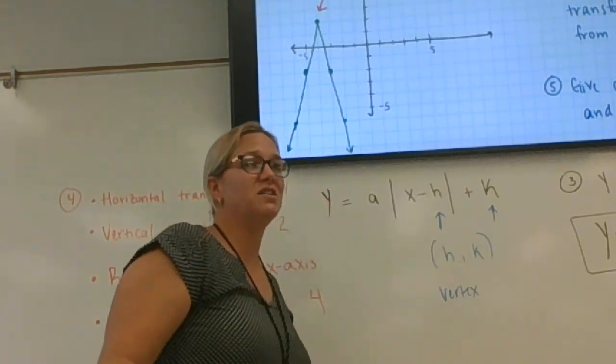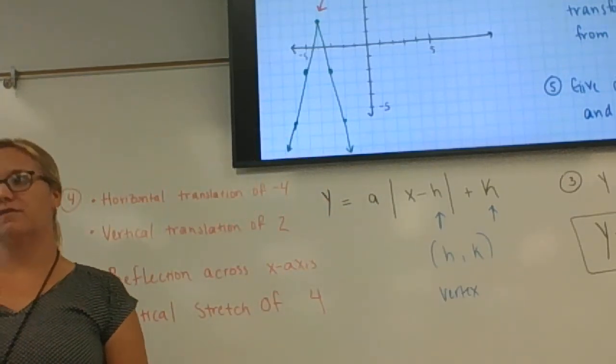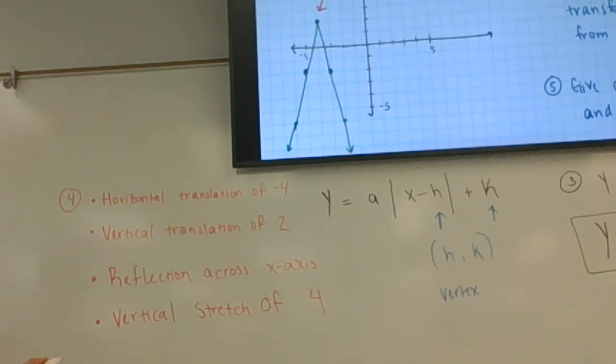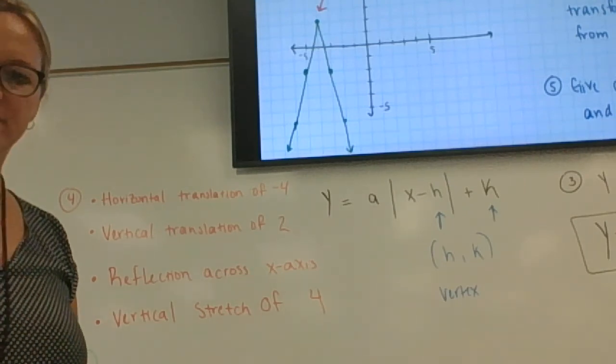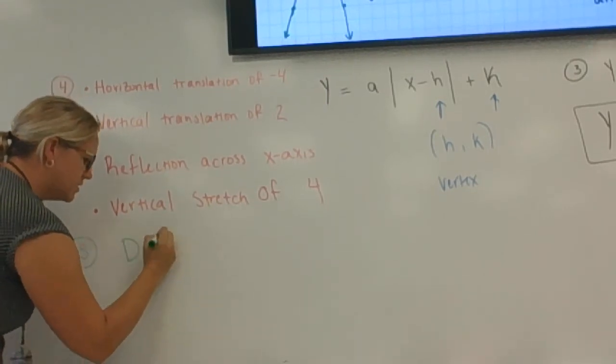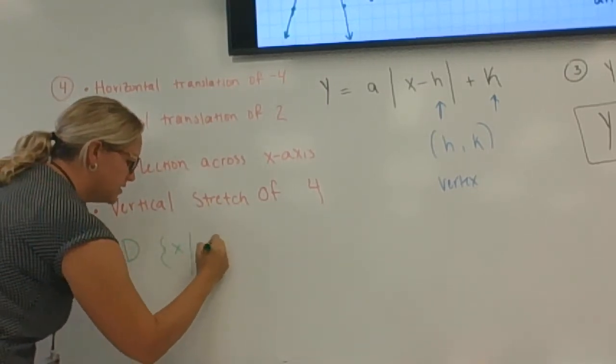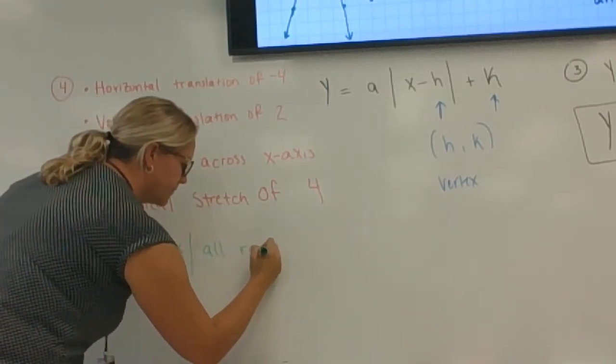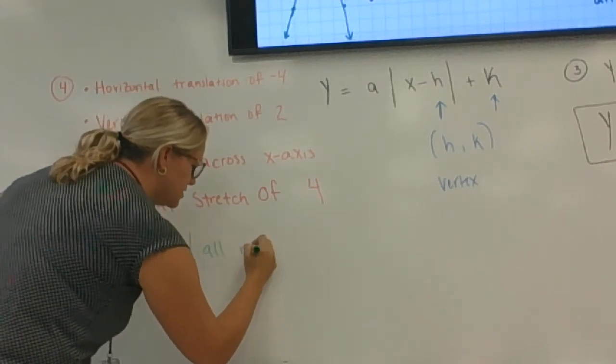Okay, we're almost done, and this is a full review of what we covered for the whole class yesterday. It probably feels like a lot, but it is a full review. Domain and range. Somebody asked me, what's the domain? Domain is always our real numbers for these. Matt, what's the range?